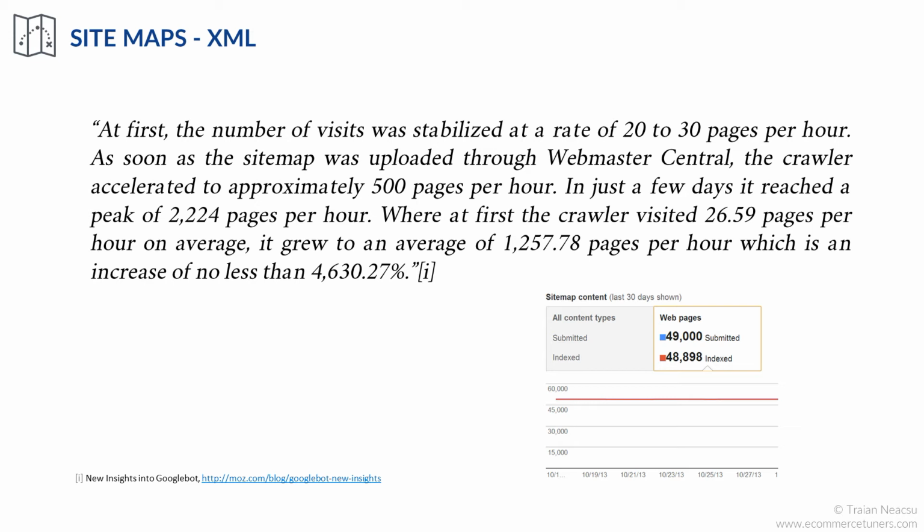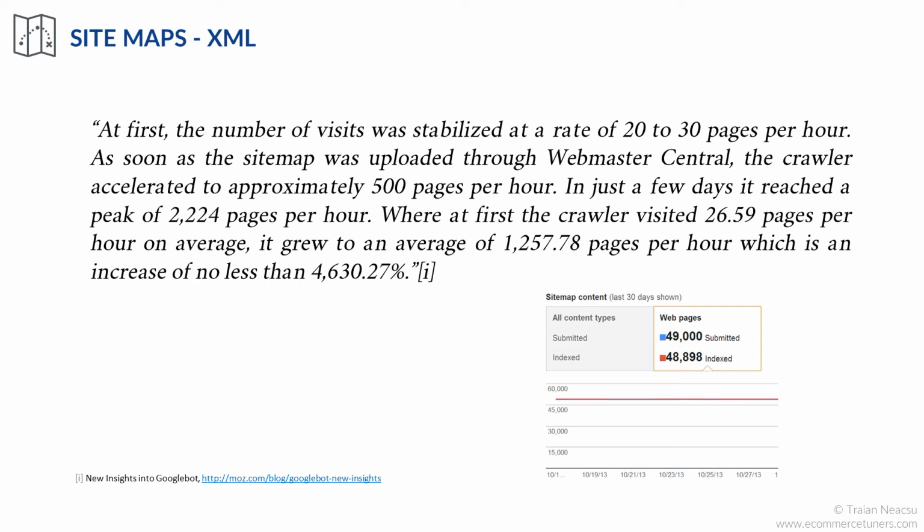If you have an almost 100% indexation rate, you probably don't need to worry about crawl optimization. Using XML sitemaps seems to have an accelerating effect on crawl rate. At first, the number of visits was stabilized at a rate of 20 to 30 pages per hour. As soon as the sitemap was uploaded through Webmaster Central, the crawler accelerated to approximately 500 pages per hour.